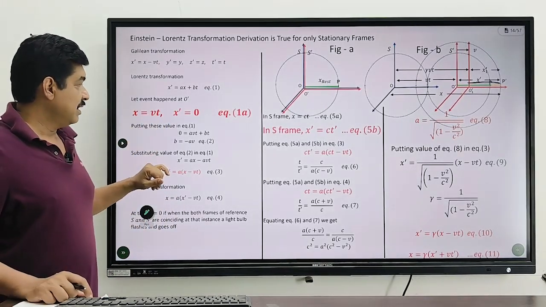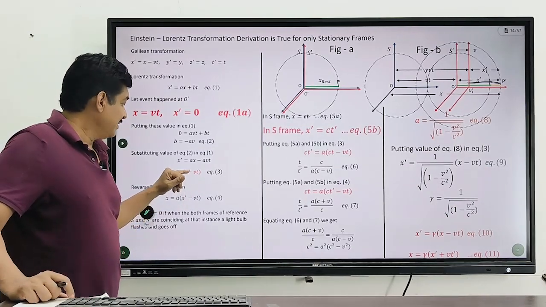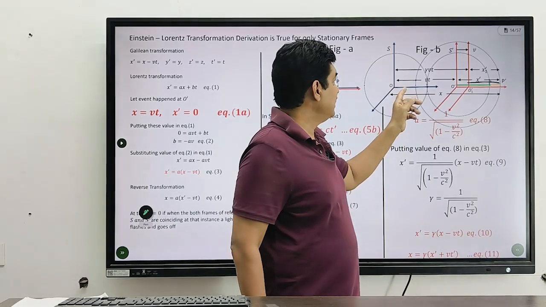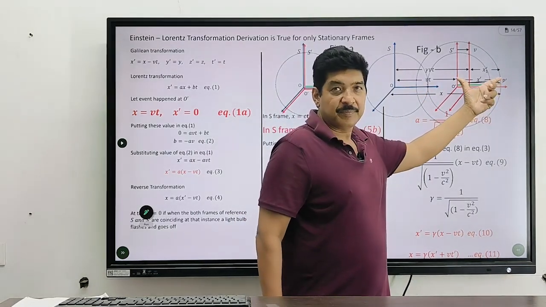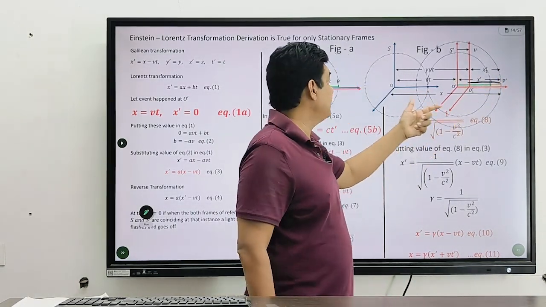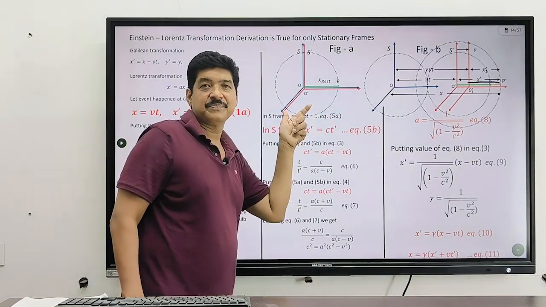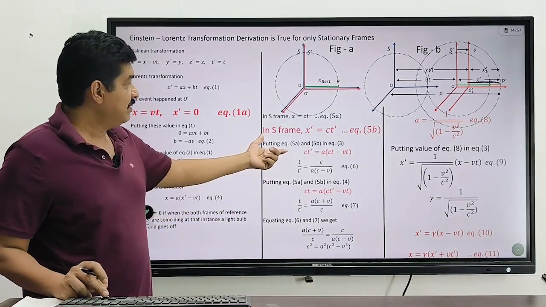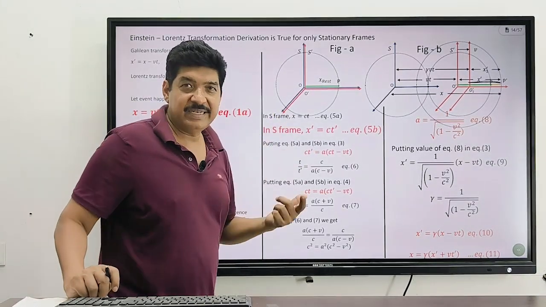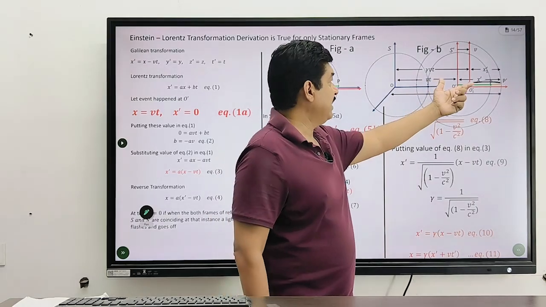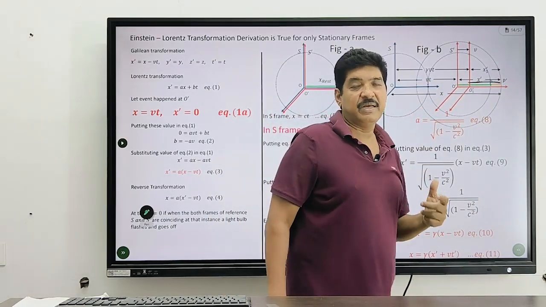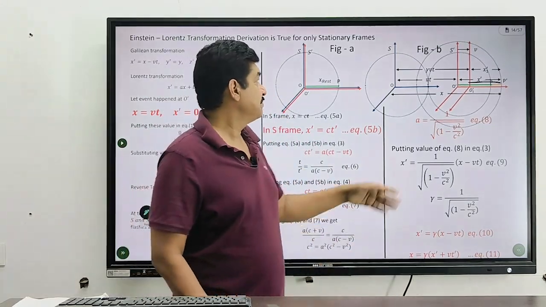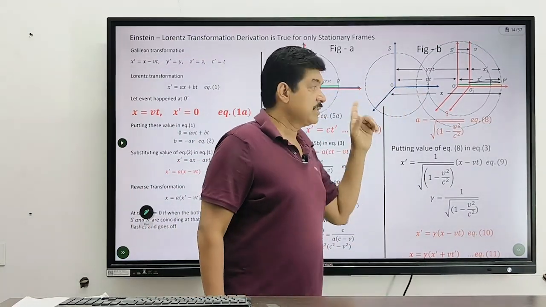One is this, another one is considering that x minus vt is equal to x. Actually it is x prime, but they are thinking it is x rest, right? And then they are treating time in this frame of reference as time dilation, that is, time has increased, but there is no increase in time as compared to this.